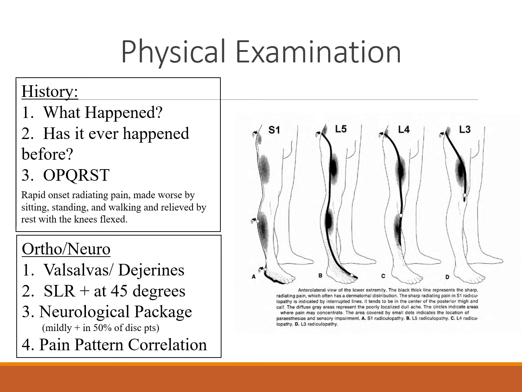Straight leg raise, positive at 45 degrees, although if it's a very severe disc protrusion, putting a lot of pressure on that nerve root, that straight leg raise may be positive long before 45 degrees. Your neurological package, your motor, your sensory, and your reflex often have some positive findings when you have the acute lower back situation. Sometimes you may have only one component of the neuro package that's positive.